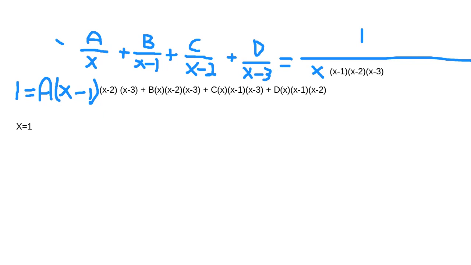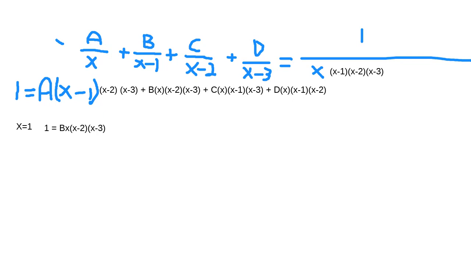When we plug in x equals 1, we get 1 equals, so the factor with a becomes 0. We're left with bx, x minus 2, x minus 3, and c is gone, and d is gone.